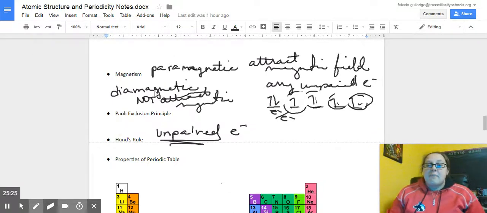So for magnetism, you might have to apply it a little bit and explain why it's magnetic or not versus it with its unpaired electrons. For Pauli exclusion principle and Hund's rule, really honestly, you just need to know the definition and that's it.